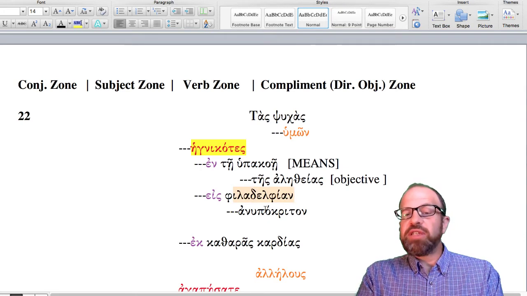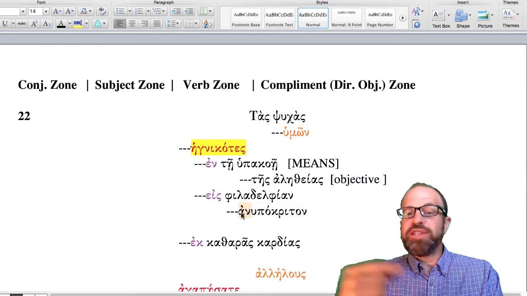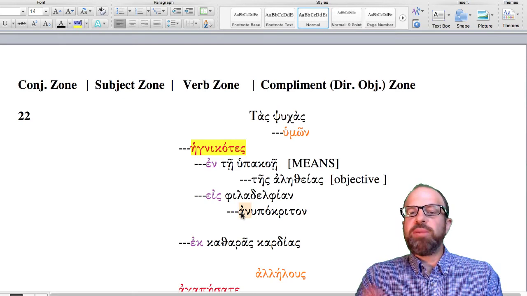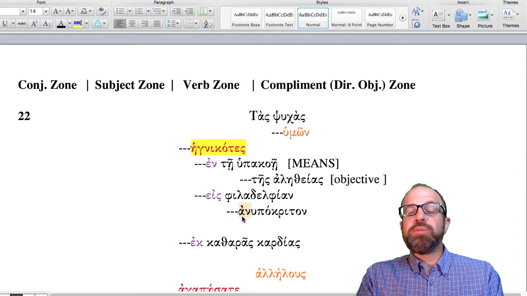Philadelphia, obviously you probably have heard of that word, Philadelphia, brotherly love. And then here we have a really interesting adjective which is formed from the word that we get hypocrite from, upokriton, with an alpha privative on the front which negates it. So what was hypocritical, when you put the alpha privative on the front, it becomes unhypocritical. This is often translated as sincere.